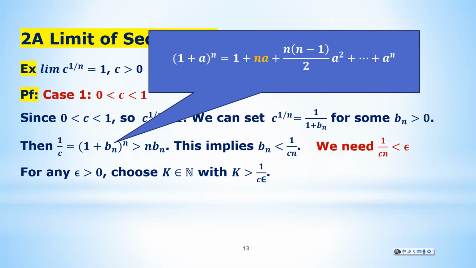Now for every epsilon greater than 0, I simply choose k. K has to be any integer greater than 1 over c epsilon. This is coming from the previous inequality, right?